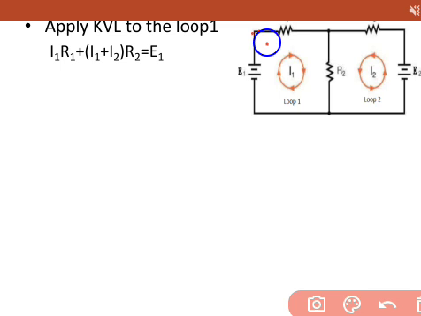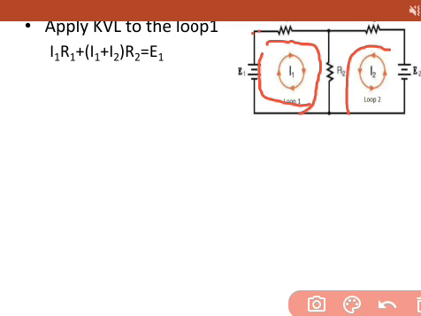I1 into R1 plus (I1 plus I2), that means the I2 current flowing in the mesh, in loop 2, is along with I1, so (I1 plus I2) into R2, that equals E1.